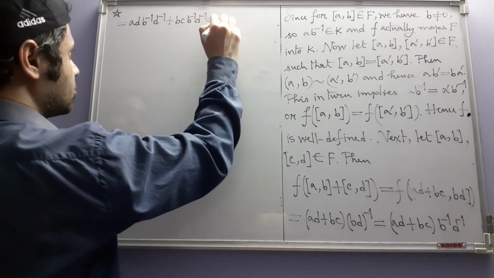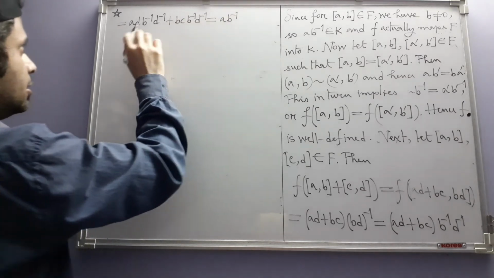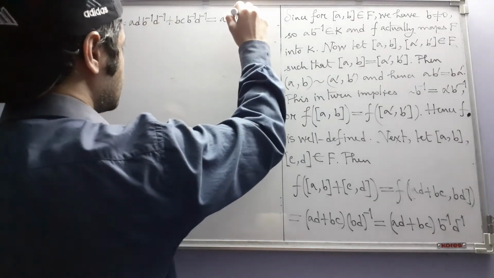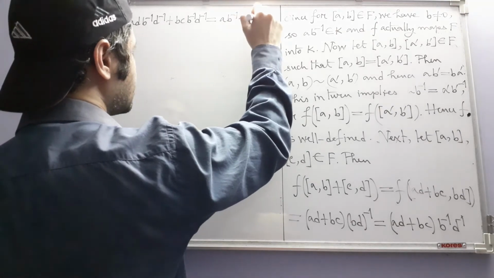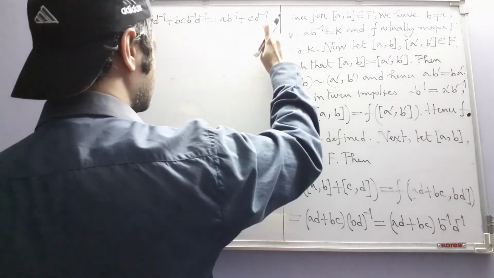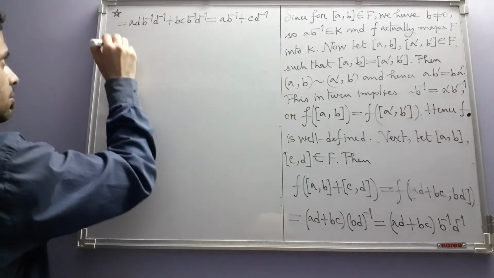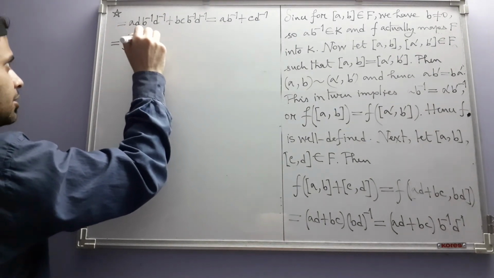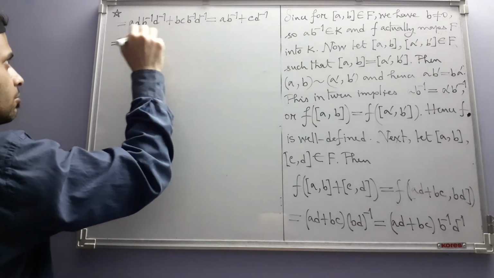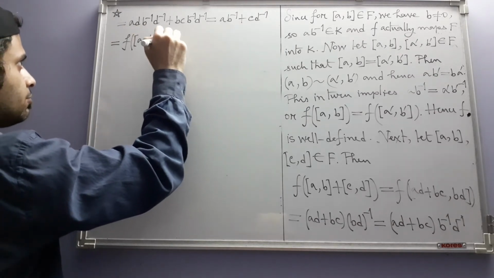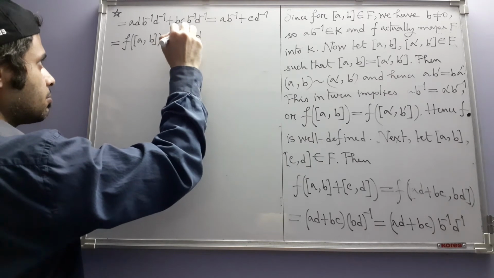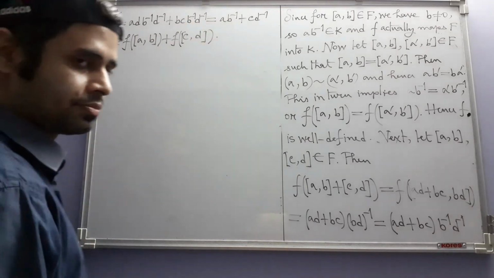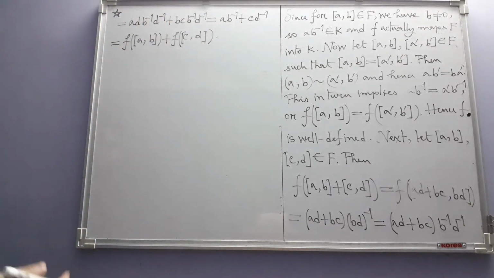This becomes equal to ab inverse, because d d inverse becomes 1, and the second term is cd inverse, and this equals f of (a, b) plus f of (c, d). So our function respects addition between the two fields F and K.